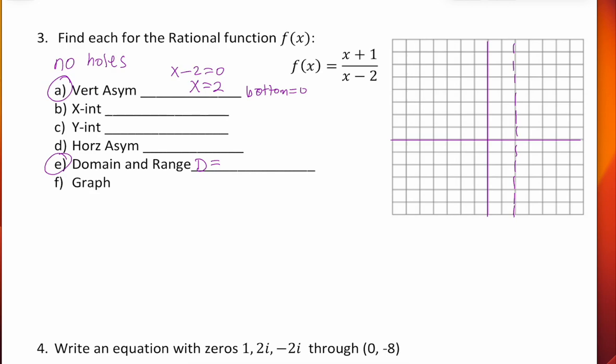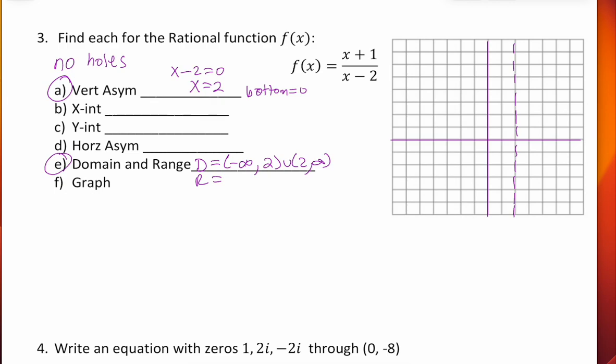The domain is what values did I skip? What are the discontinuities? The discontinuity is only at 2. We only had a vertical asymptote at 2. So go to our graph and skip 2. We'll come back to our range. We really need to see the graph before we do range. Range is our last thing.